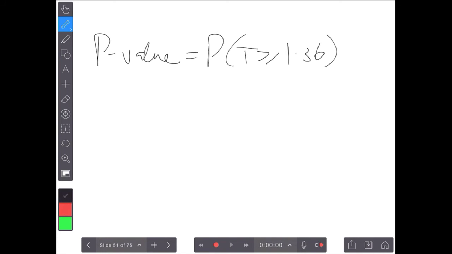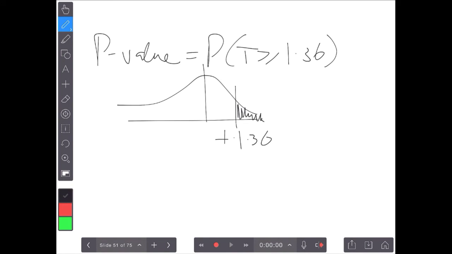Now, why do I say greater than or equal to 1.36? Because it's a right tail test. And so our sample value right now is plus 1.36, which is in this region. And so that will be our p-value right here.